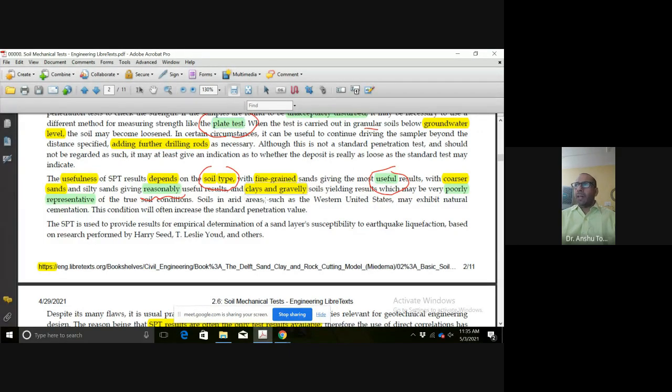Then for clays and gravelly soils, the results are not going to be that good, but they are still representative of the soil strata. So whatever the N value, the number of blows in the three categories of soil strata, it is going to vary from very good to very poor, and for clays and gravelly soils it is going to be intermediate.